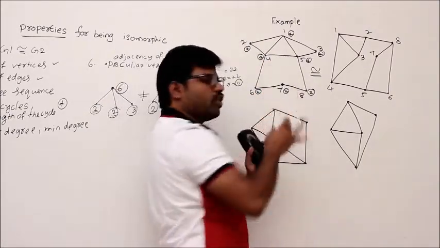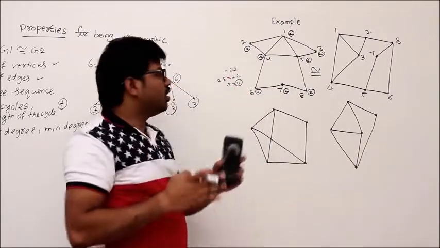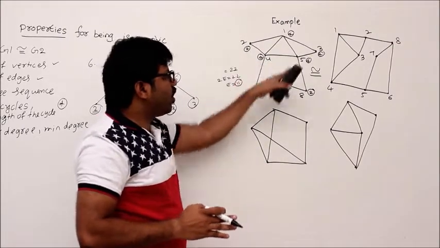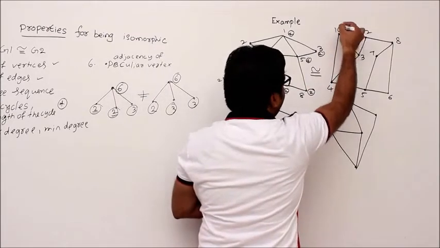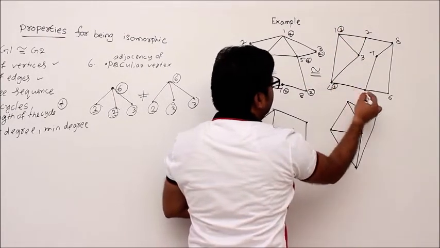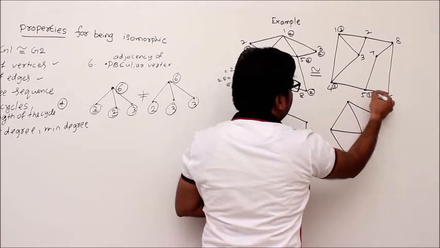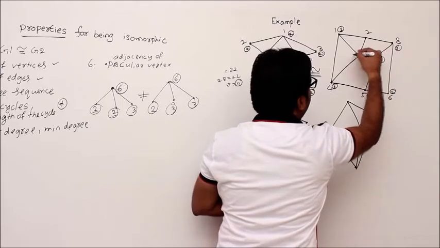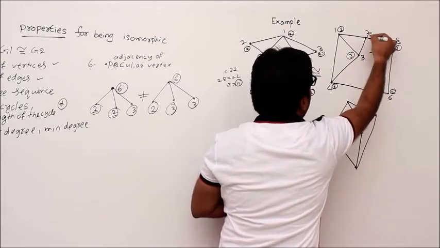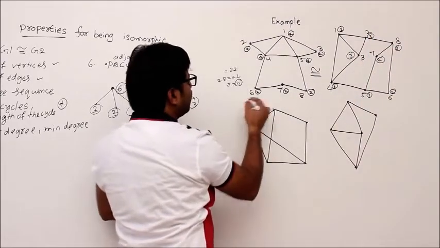The reason I did this rather than counting directly is so that you can list out all the degrees also. Let me list out all the degrees here. Degree 3, this is degree 3, degree 1, 2, 3, this is degree 2, 1, 2, 3, degree 3, degree 2, degree 3, degree 3, right? Just list out the degree sequence here.